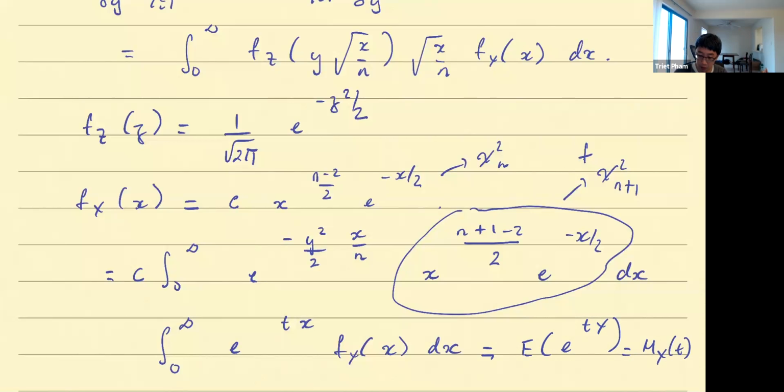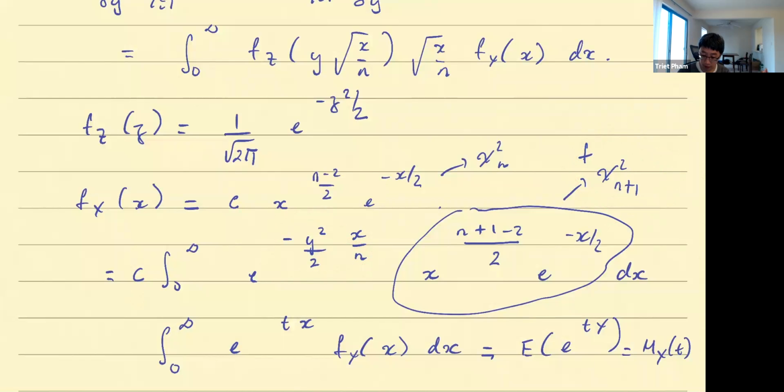So this right here, because everything should match up, that's why I ignore the constant, is nothing but the moment generating function of the chi-square distribution with n plus 1 degrees of freedom, evaluated at this.